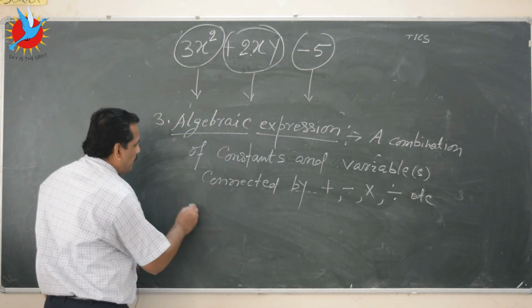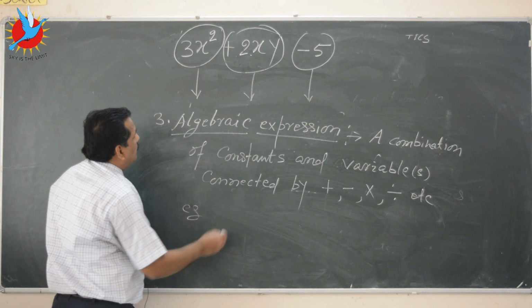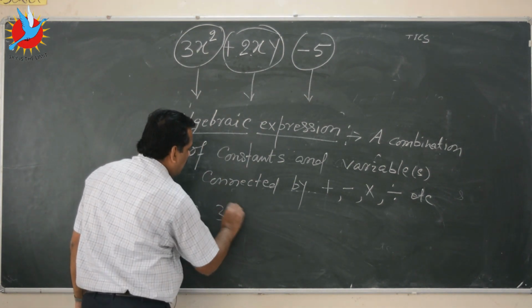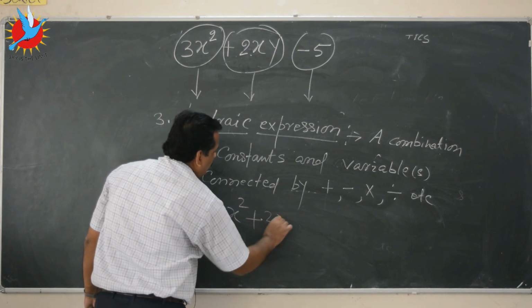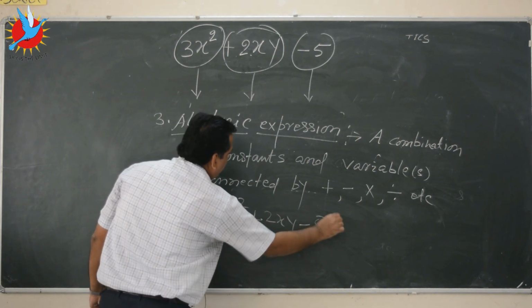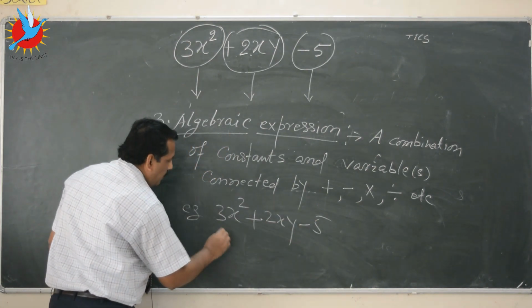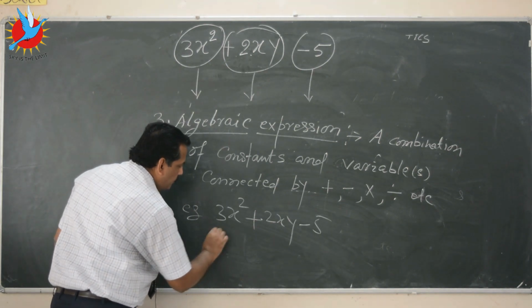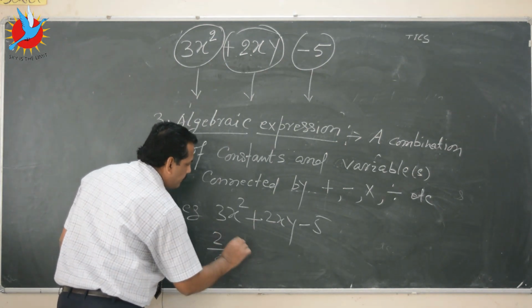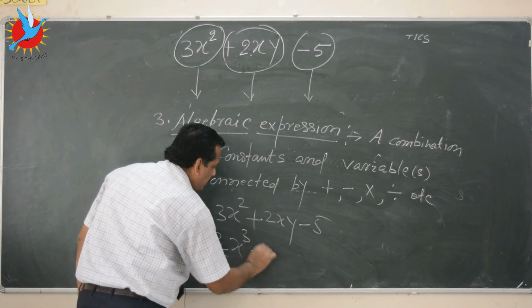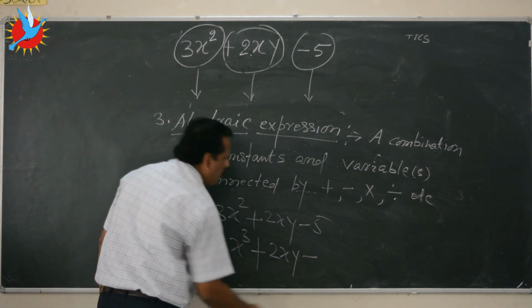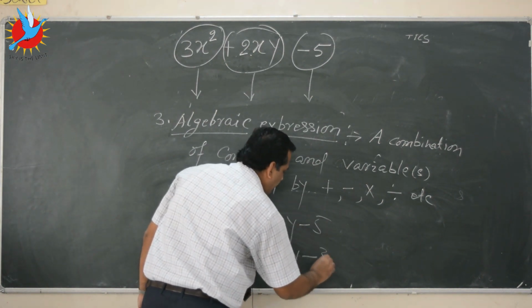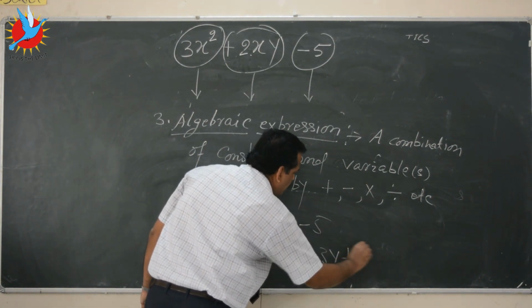So for an example, the above sequence: 2xy minus 5, or 2 by 5 x to the power 3 plus 2xy minus 3y plus 2.